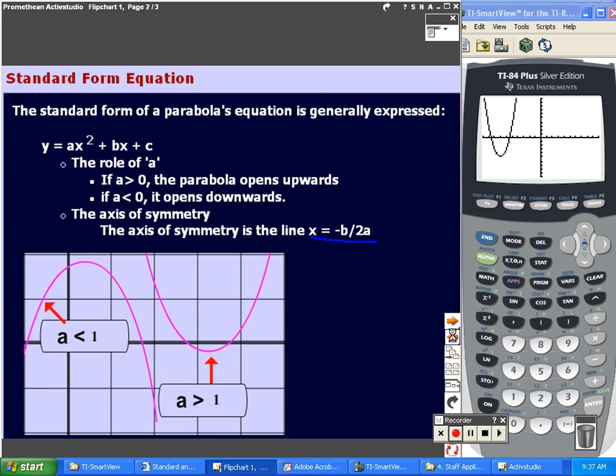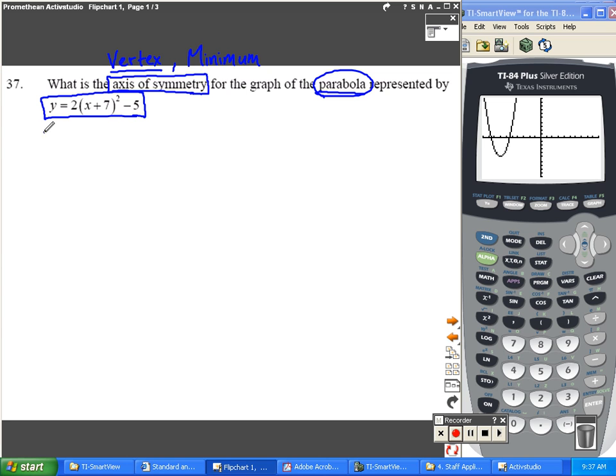Looking back at our equation, we see we do have that form. y equals a, the quantity x minus h squared plus k. We can find (h, k) by using our formula to look into our equation. Here, our k is negative 5, so we can write that down.